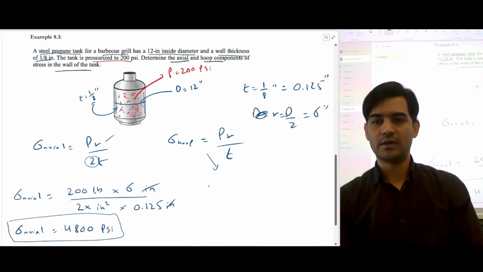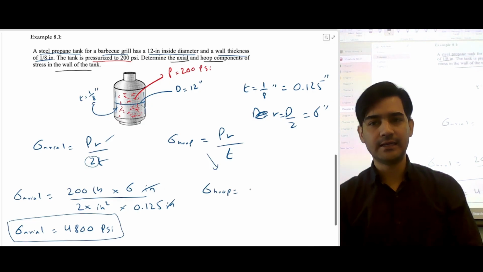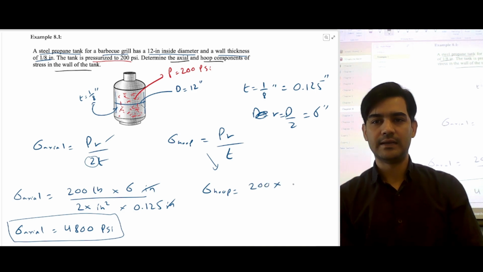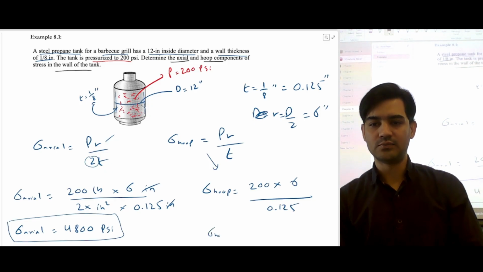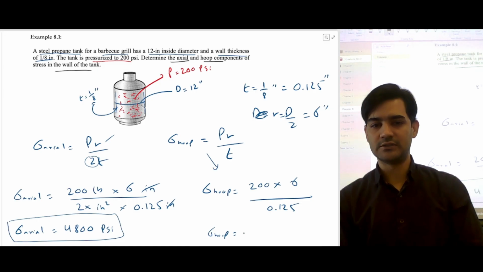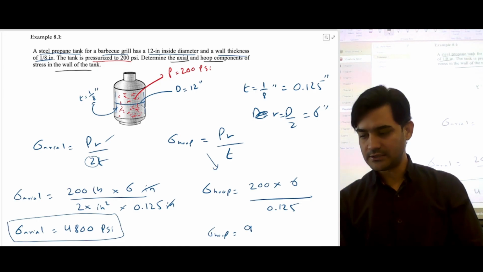Similarly, we can calculate the hoop stress. Hoop stress is PR by T. Pressure is 200, radius is 6, thickness is 0.125. So hoop stress would be twice the axial stress, which is 9600 psi.